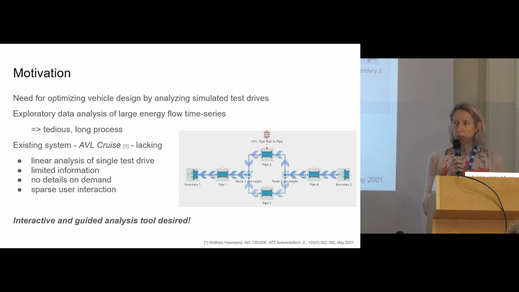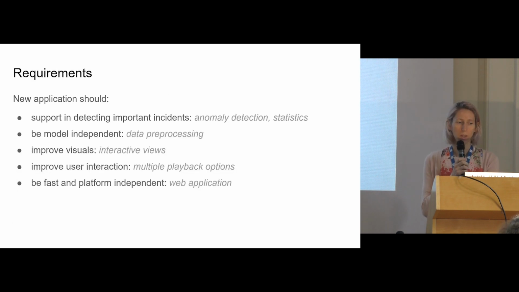And so they desired a tool which is more interactive and which guides them in their analysis process a little bit more. So the requirements for this new software are: it should support detecting of important incidents, so we perform automatic anomaly analysis and calculate statistics. It should be independent of the underlying structure of the components of the car system, and it should improve the visuals.